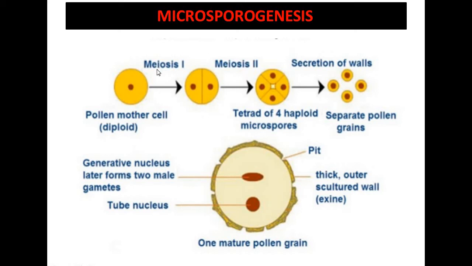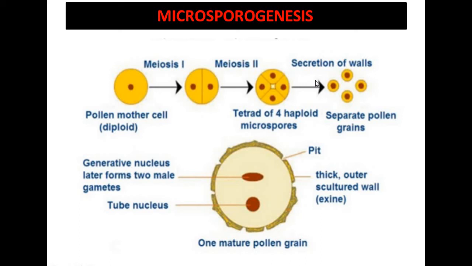So finally from one mother cell, 4 daughter cells are produced by meiosis. Now you can see the 4-cell structure which is called a tetrad. Then there will be separation of all the 4 cells and secretion of the wall. Now they will become proper cells.